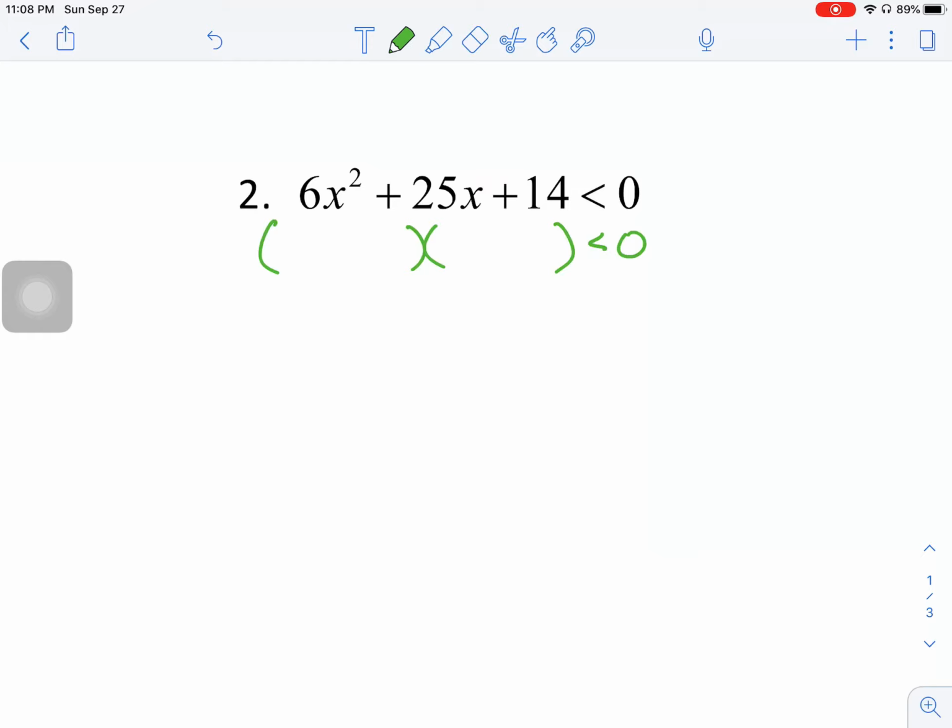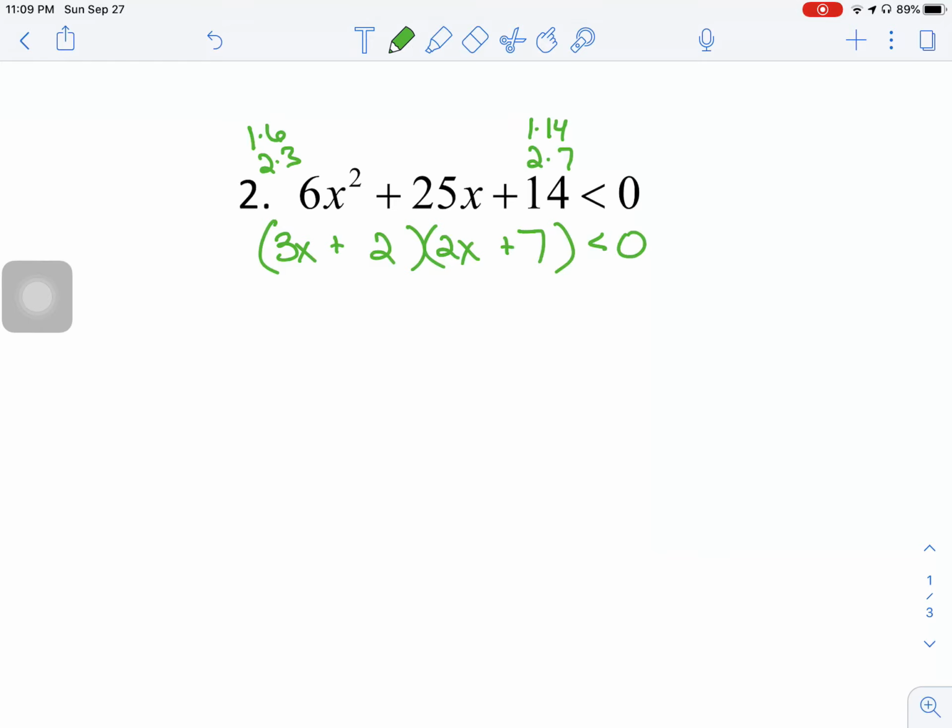So for guess and check for me, I know that 6 is really 1 times 6 or 2 times 3. 14 is 1 times 14 or 2 times 7. And I'm trying to make a 25 here, so if I do 3x and make that a 7, that's 21, plus 2 here and 2x there.